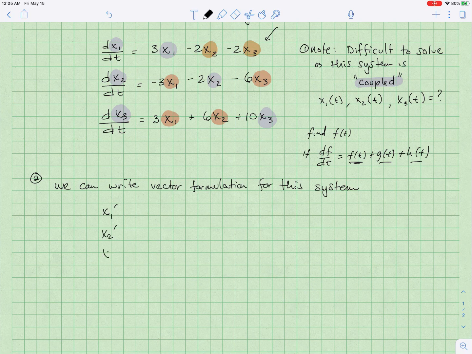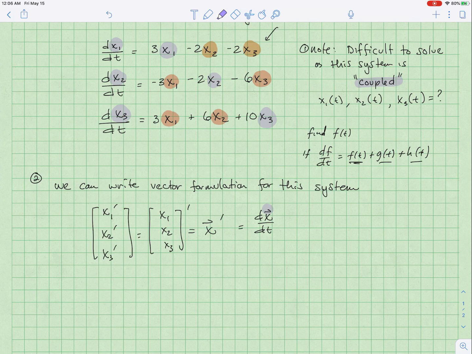Which in fact I can write as the derivative of the vector x1, x2, x3, or I can simply write it as the vector x prime, or maybe even write that as dx over dt, where here I've used the vector notation to show you that this has more than one component.